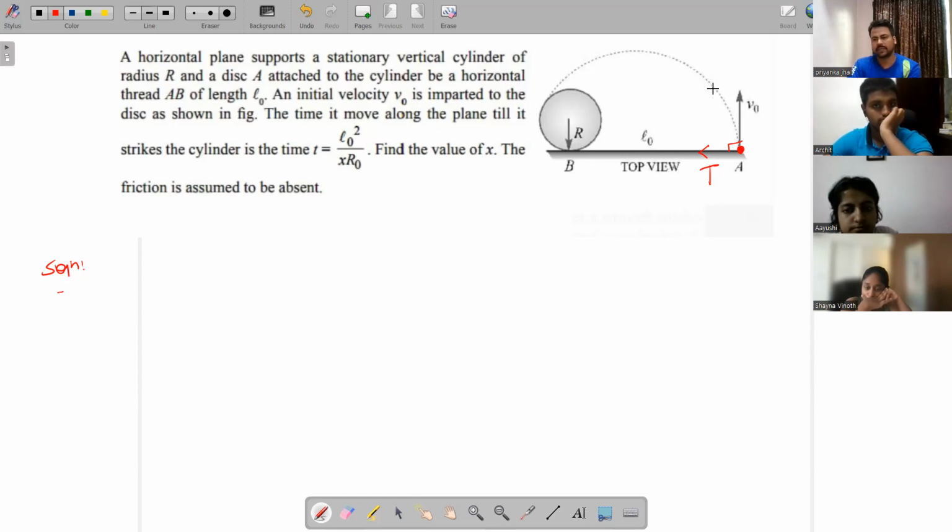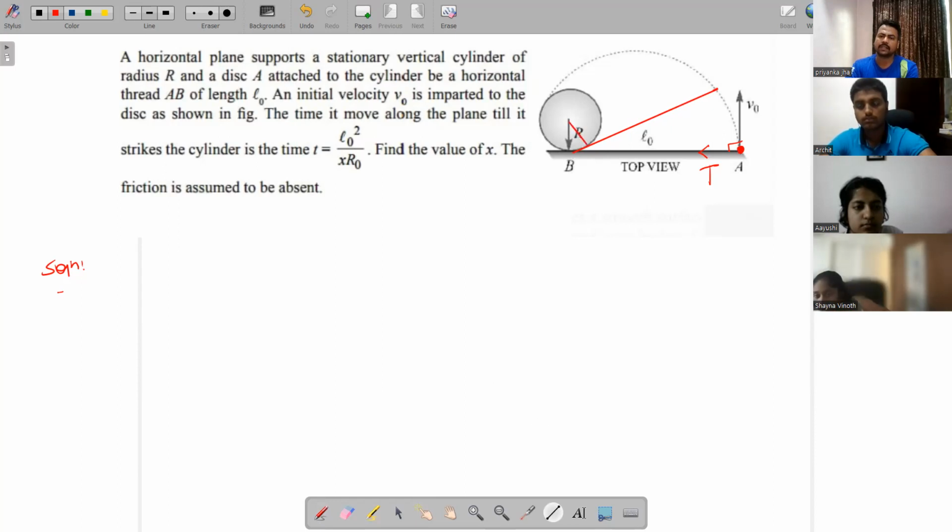Suppose this disc comes here at some time. Then some part of the rope will get wrapped around the cylinder, right? Suppose this angle is theta, the angle that the rope makes with the vertical. At a certain time t, and in dt time, this will come over here.